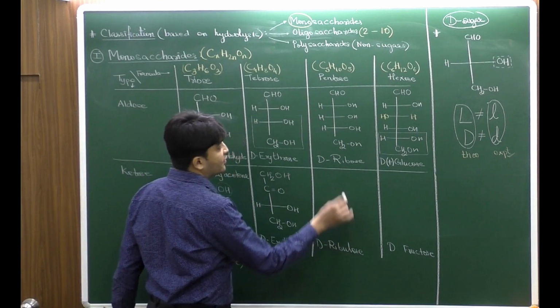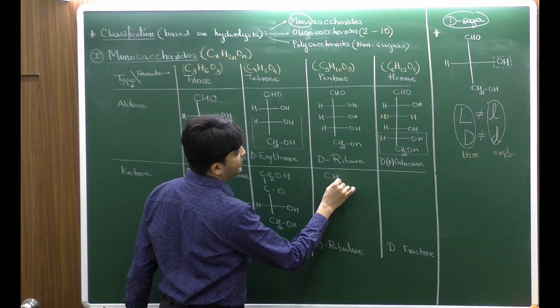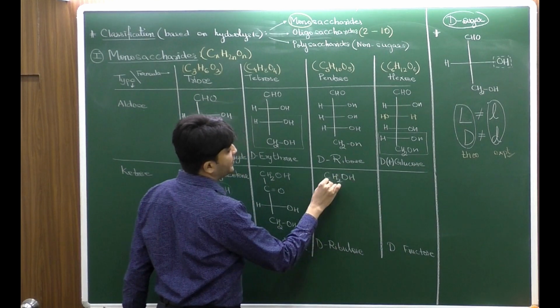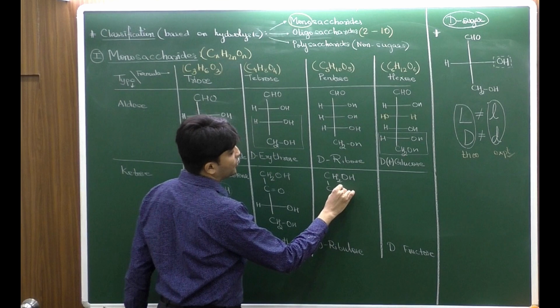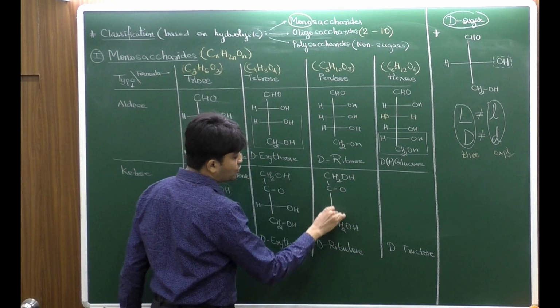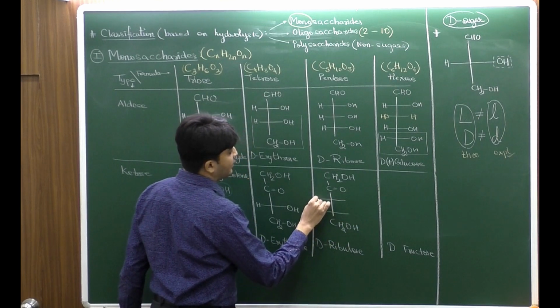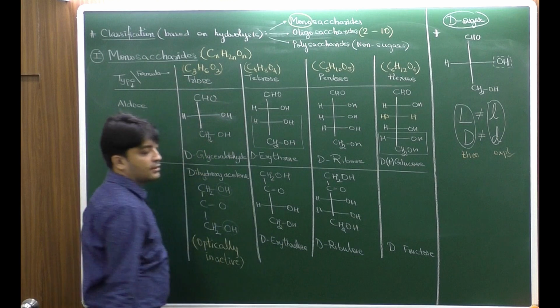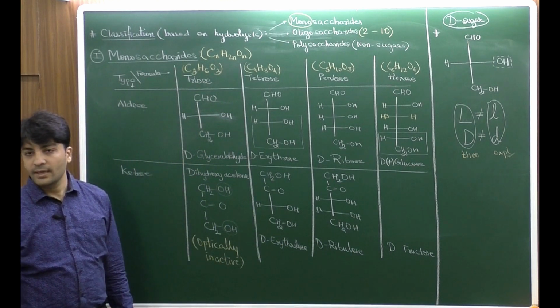The ribulose with 5 carbons, it's a ketose first of all, so it will have CH2OH, first carbon, second C double bond O, then last will be CH2OH. The remaining 2 carbons would be chiral having the arrangement H, OH, H, OH. That's D ribulose. Okay?